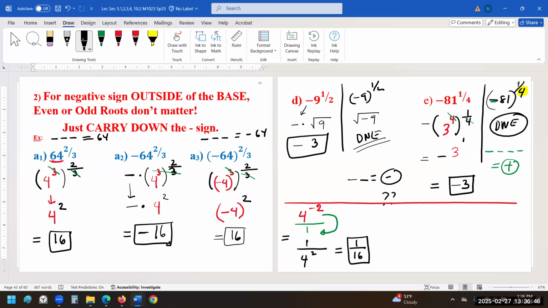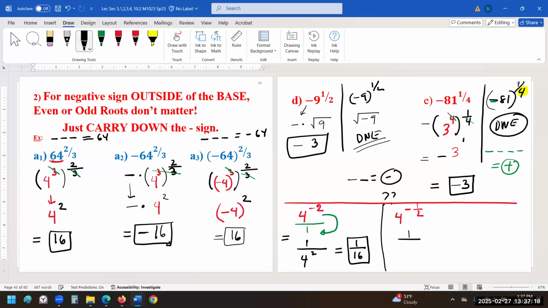Okay, one more. 4 to the -1/2. Now what happens? We cannot square. In order to square, we have to have one side equals another side. Put it over 1.